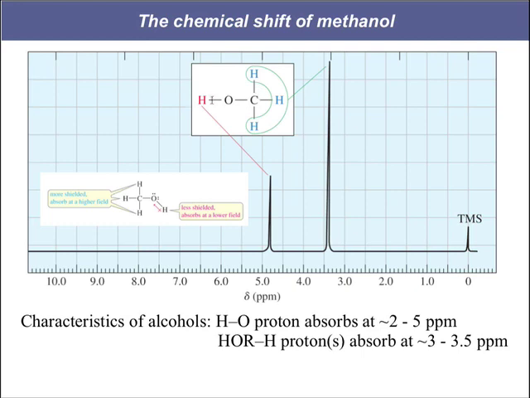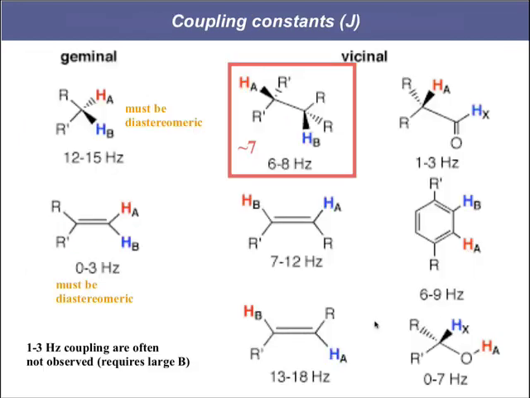The blue H is on the carbon's neighbor. So technically this H should split with these into a quartet. But because of the fact that it's an alcohol, in methanol, we're actually getting 0 hertz splitting. It's fairly uncommon for alcohols to split. They usually sit at 0 hertz, so you only end up with a singlet. But under strange circumstances, usually at very, very high concentrations, you do get splitting.